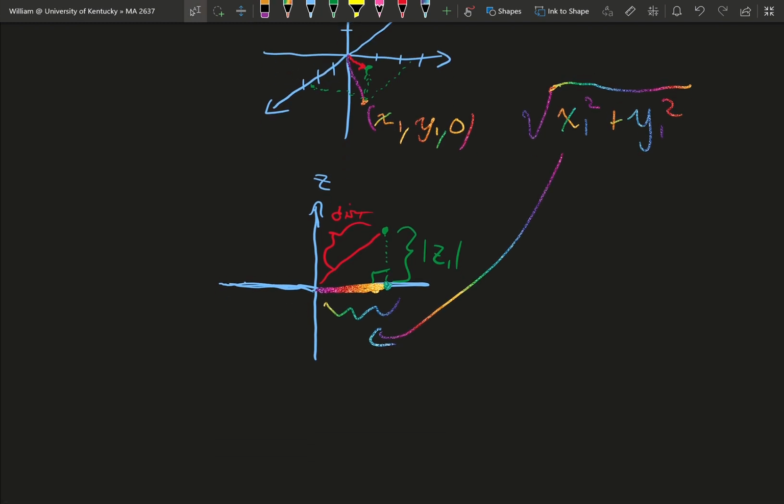So I'm again going to use my distance formula. Distance equals the square root of the funky, crazy looking thing squared plus z1 squared.